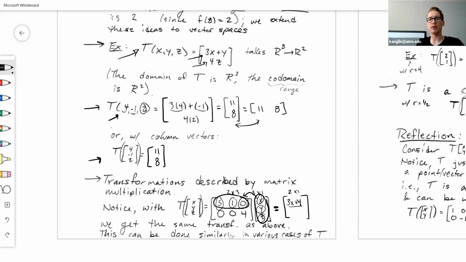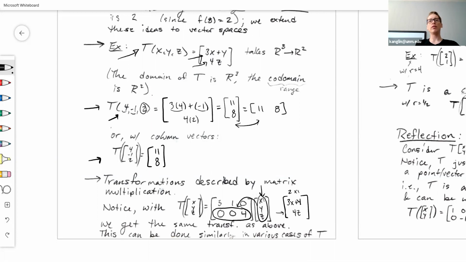I won't even write that. And what about the next entry? That would be saying to take the next row, that's in the second row, with that first column, and do the same sort of dot product here. You'll notice you get 0 times x plus 0 times y plus 4 times z.